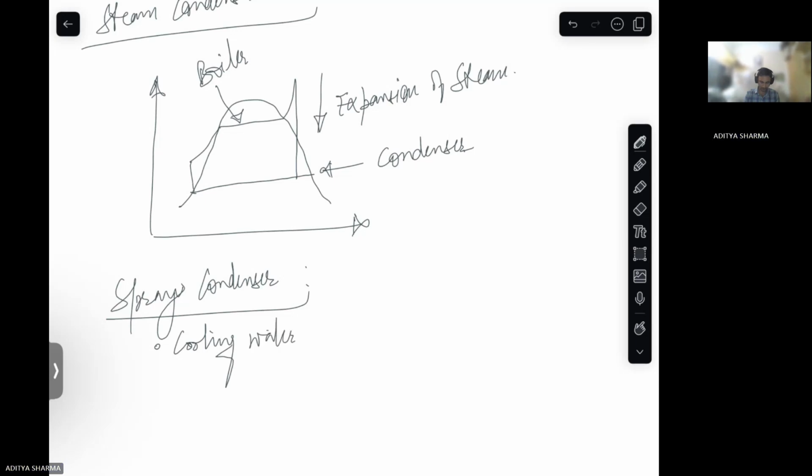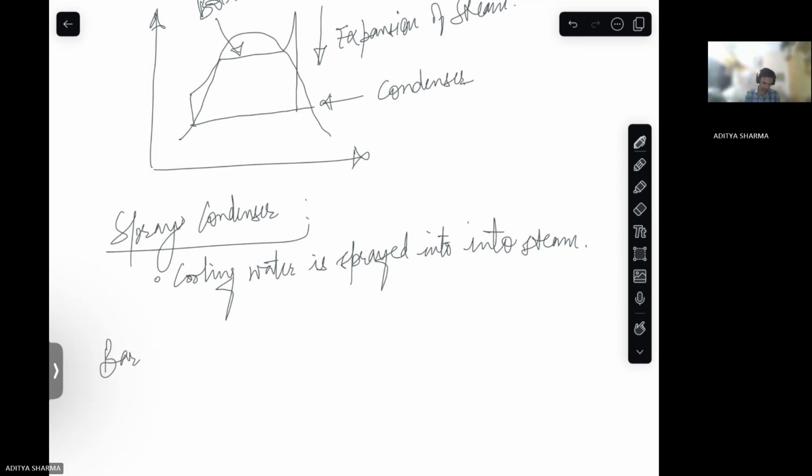So this is your spray condenser. Then comes the barometric condenser. Please remember these are all direct type of condensers.